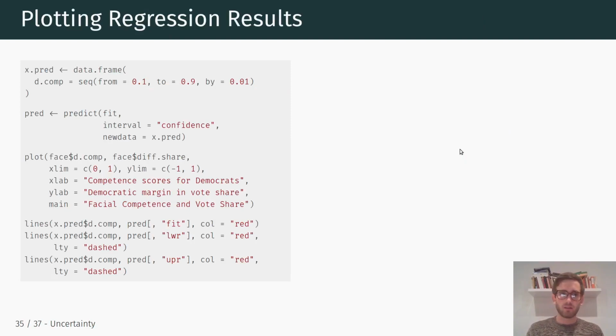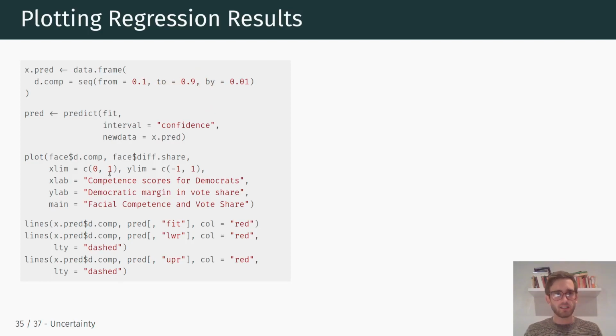Now going back to our previous example where we predicted our regression results, in addition to the linear fit that we plotted previously, we can compute our predictions based on our linear fit, including the confidence intervals for our predictions from 0.1 to 0.9.